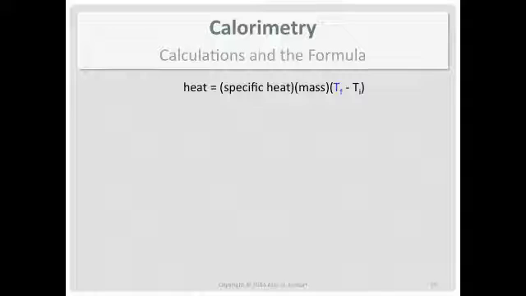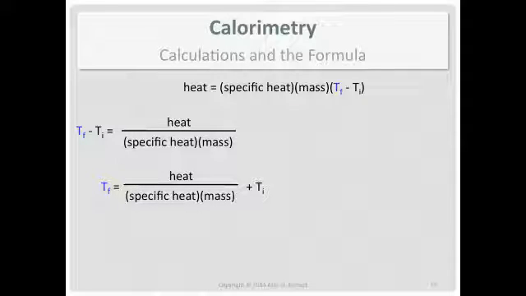Let's do some formula rearranging. First, I'll isolate TF minus TI, because that's delta T, final minus initial temperature. Now, since the problem says what's the final temperature, I'll rearrange that.